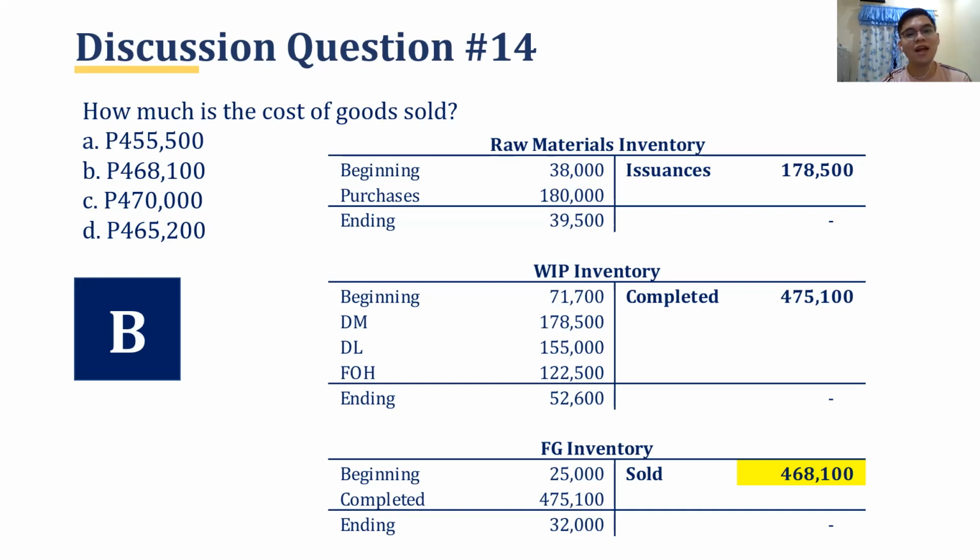So pwede mo mapaglaruan yung increase and decrease in RM inventory, work in process inventory, and finished goods inventory para hindi ka na mag-plot ng ganitong kahaba. Pero of course, make sure lang din na di ka malito, hindi mabaliktad yung operation mo kasi of course that would result into another answer.